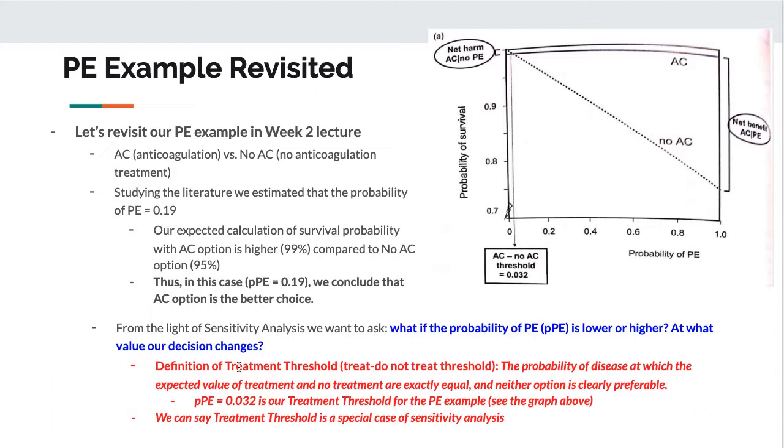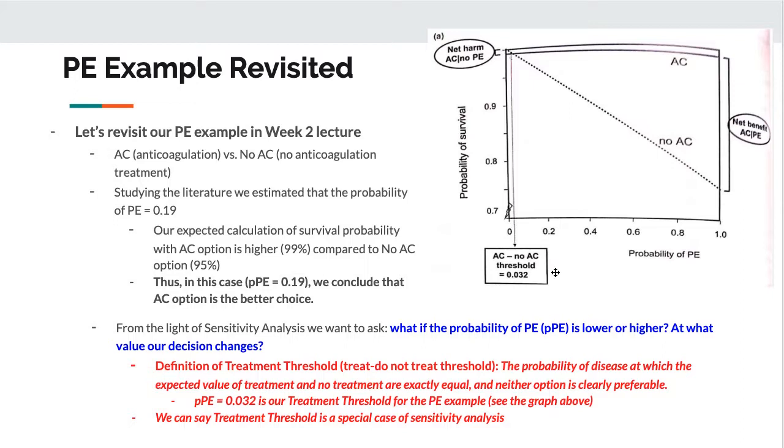Before we do the sensitivity analysis in a more specific sense, there is what we call a treatment threshold. The treatment threshold defines the probability of the disease at which the expected values of treatment and no treatment are exactly equal, and neither option is clearly preferable. As we discussed before, when the probability of PE equals 0.032, at this point on the graph, you can see that the survival probability of the AC scheme and the no AC scheme are the same where they intersect.